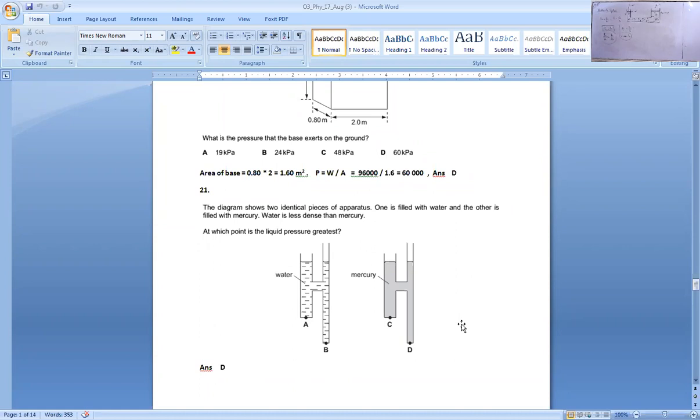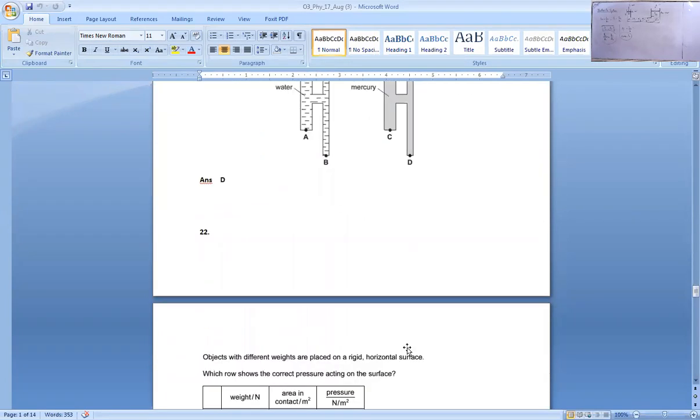The depth at B and D is greatest, and the density of the mercury is greatest. So at D, the pressure would be greatest. Mercury is more dense, so it causes more pressure. Secondly, it depends on the depth. D is the deepest point. So D is my option.